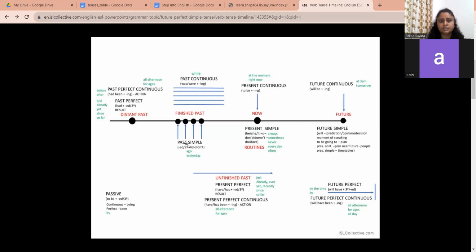And past simple, here you see past simple, that is finished past, complete actions. So for that, we use some signal words. Ago: I lived in London many years ago. Finished. So it's a complete action. I went to the temple yesterday. Went. Distant past means something that happened before this event.